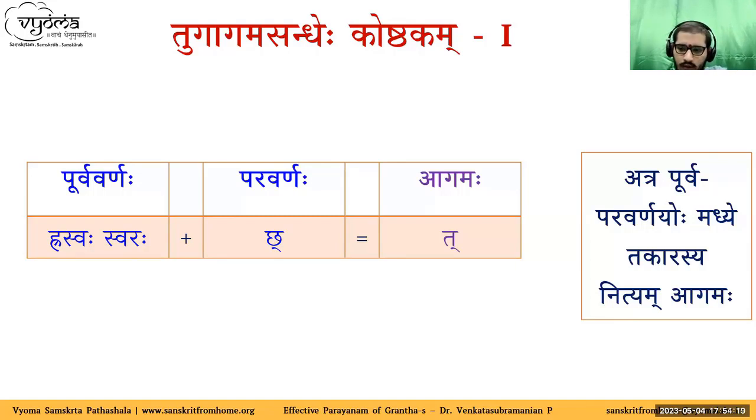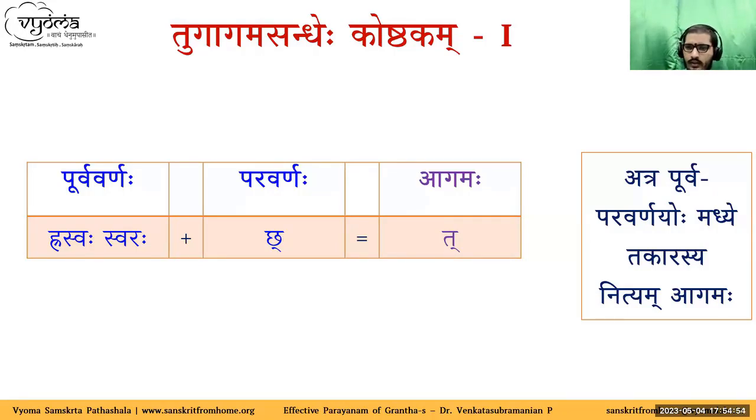So when the Tugagama Sandhi is occurring between two words, that is two padas, then according to this rule, Tugagama Sandhi should occur mandatorily. So this rule overrules that general statement, Vakya tu Sa Vivaksham Apekshate. This we need to keep in mind.